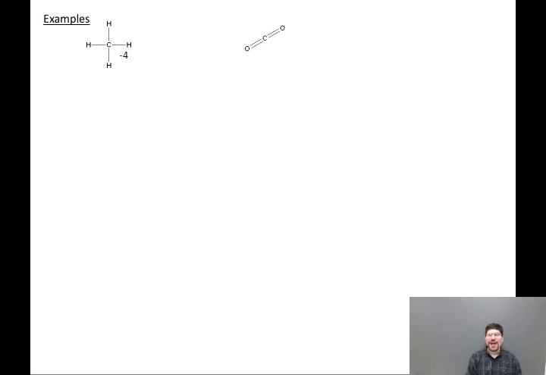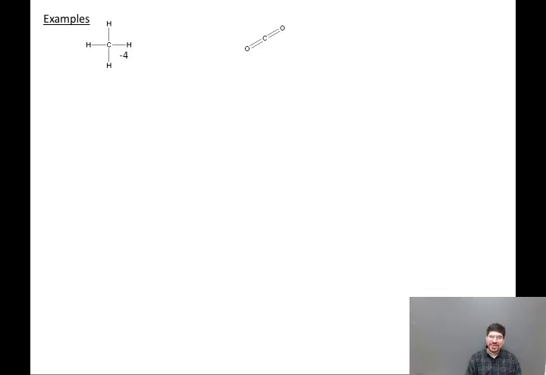On the other end of the spectrum, let's look at carbon dioxide. In fact, burning natural gas to produce heat is the process by which you take methane and turn it into carbon dioxide, and this is the most efficient combustion process that can happen to a source of fuel. You're going from the lowest possible oxidation state to, as we shall see, the highest possible oxidation state for carbon.